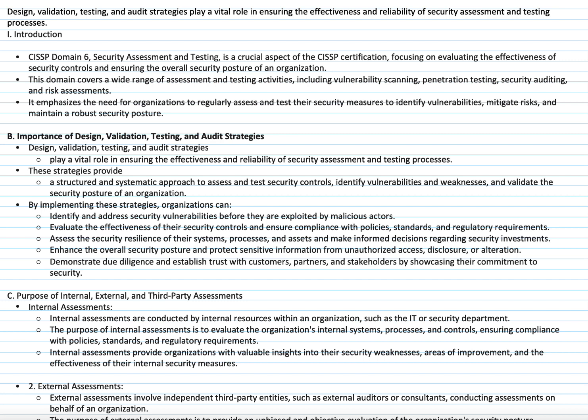Now, it does cover a wide range of assessments and testing activities, and I will tell you that you will do those. It depends on the company you go work for, but it can be scanning, penetration testing, auditing. You may do one of those, you may do all of those. I would say the scanning piece is probably something you'll see a lot more of, but when it comes to penetration testing, you may or may not do much of that depending upon the company.